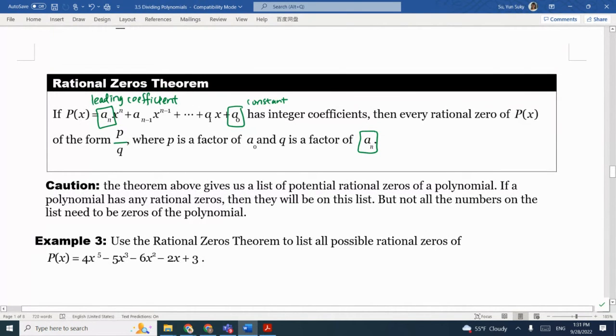Okay, a polynomial of degree n, in general, should have n roots counting multiplicity. So a polynomial of degree 3 should have 3 roots counting multiplicity, like a quadratic equation. We use the quadratic formula, right? It depends on the discriminant. If the discriminant is positive, then we should have 2 real roots, right?